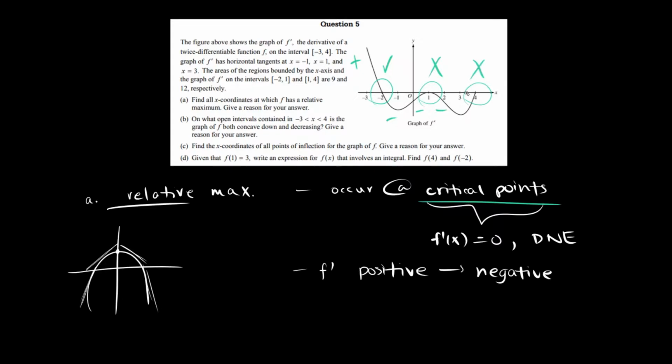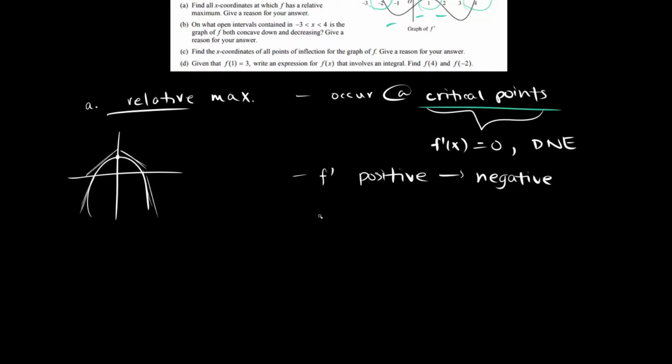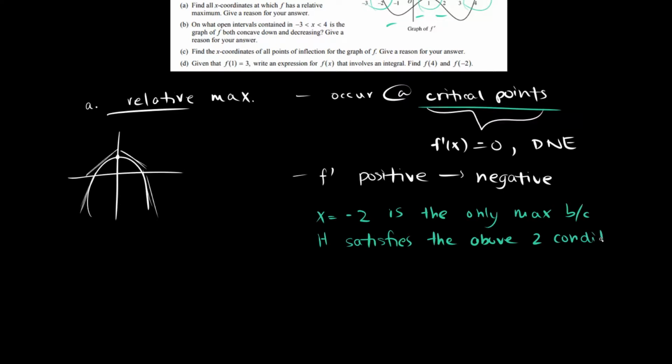So there's no extrema there. So we can safely answer that x equals negative 2 is the only max because it satisfies the above two conditions.